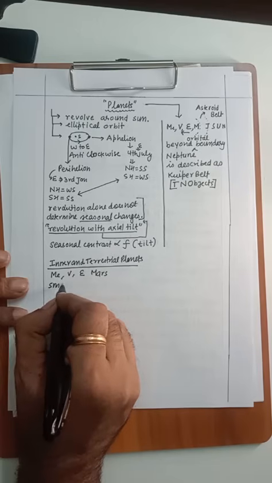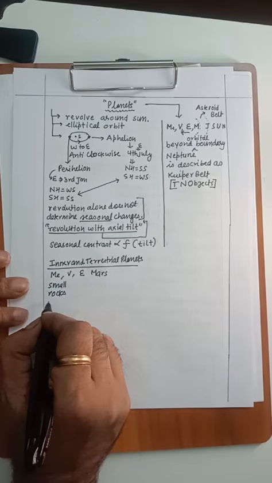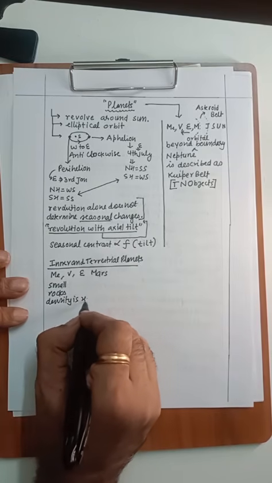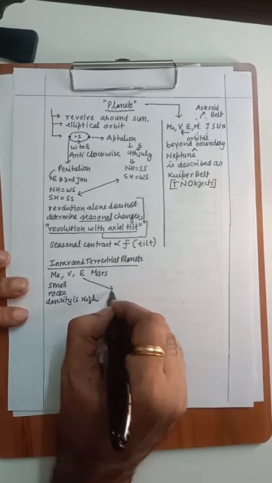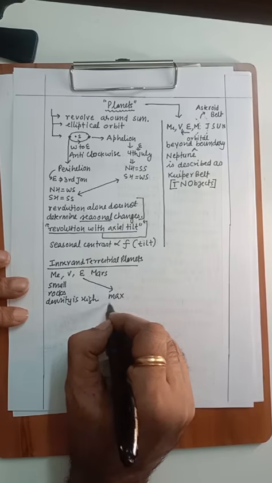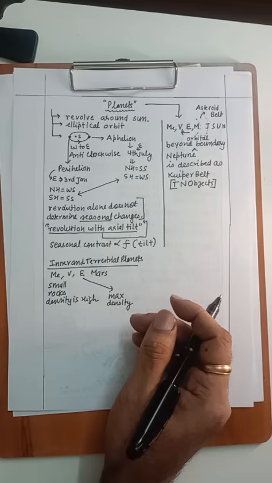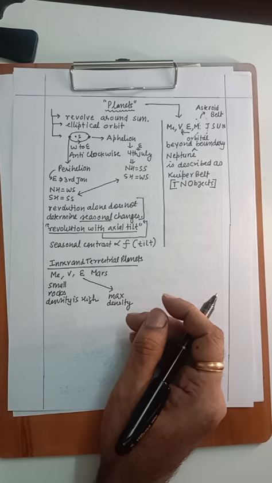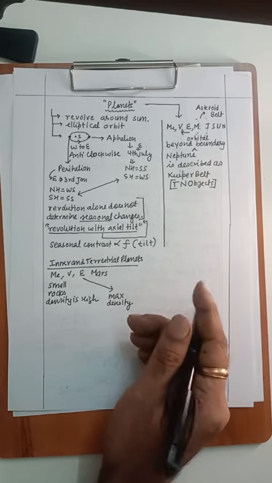These are small in size, made of rocks, so their density is high. And remember that among planets, Earth has maximum density, and its making is dominated by iron. The atmosphere is dominated by nitrogen. The making of Earth, from the surface to the center, is dominated by iron. Remember that.